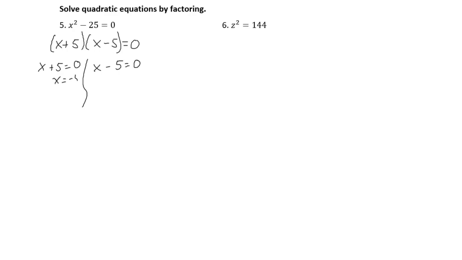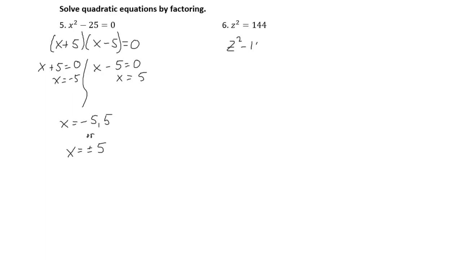Subtract 5 from both sides, we get x equals -5. Add 5 to both sides, we get x equals 5. So we get x equals -5 and 5. Or some people like to write it as x equals plus or minus 5. Either way is acceptable.